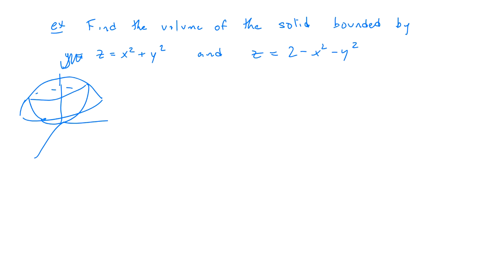Try to draw it. So let me redraw it from the front. If I drew it, I would get this. And by from the front, for example, it means at x equals 0 or something like that.